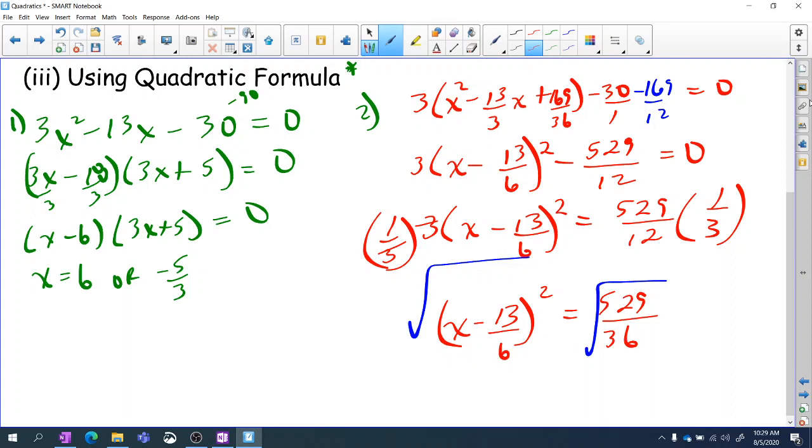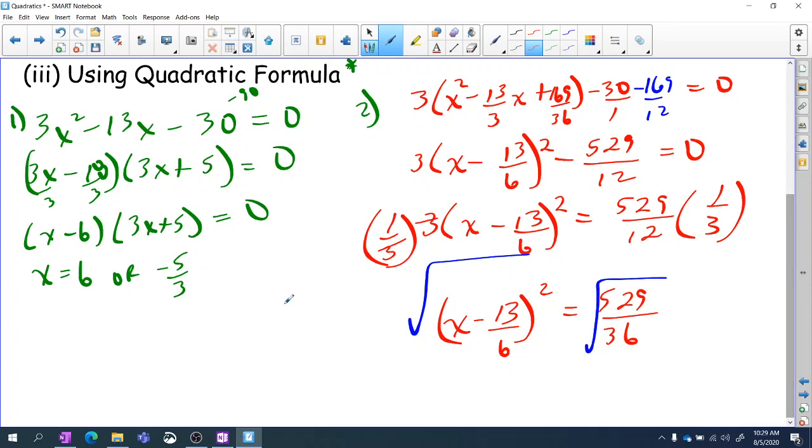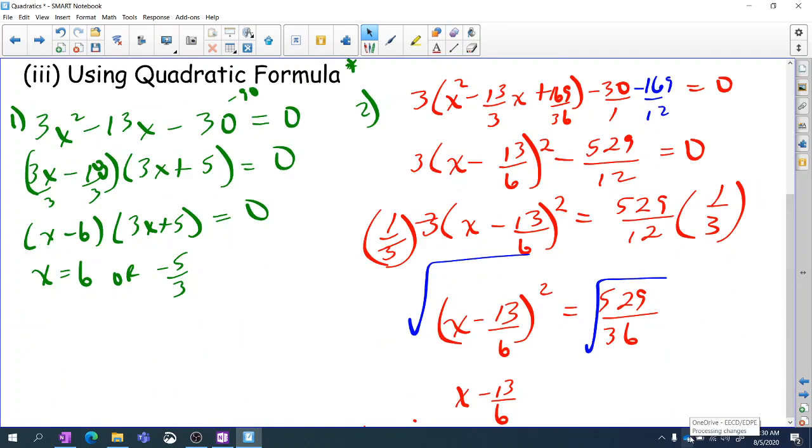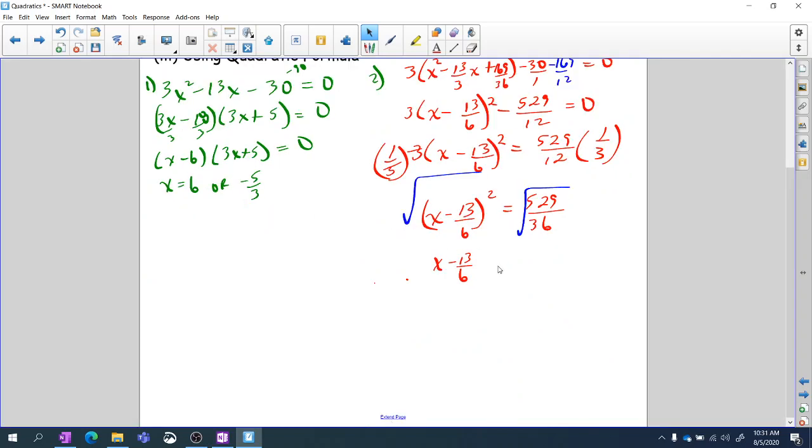So this gives us x subtract 13 over 6 is equal to the square root of 529.